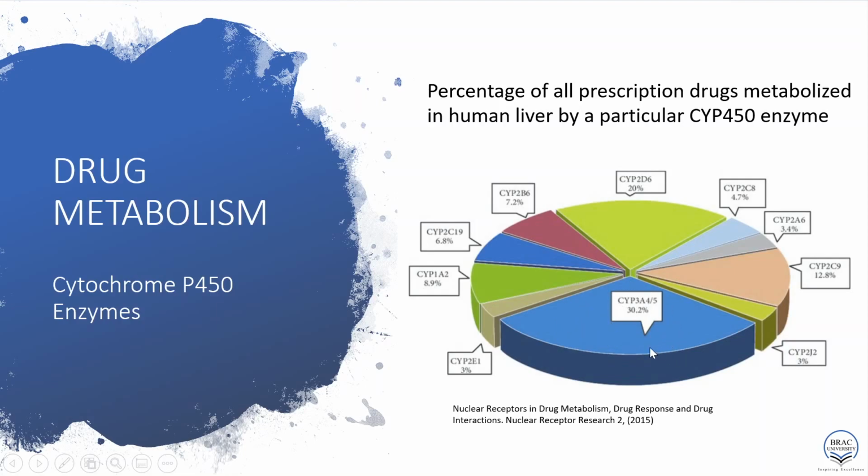The other large one is CYP2D6, which is also important, at about 20%. CYP1A2, 2C19, 2B6, and 2C9 also catalyze a decent amount of prescribed drugs.